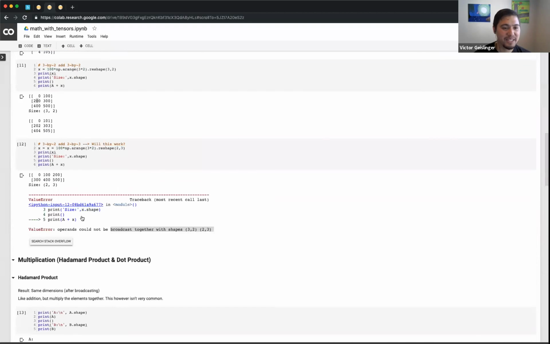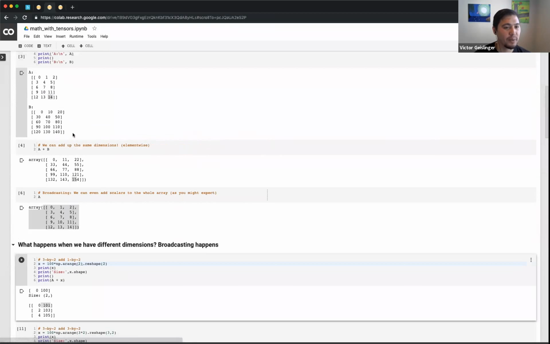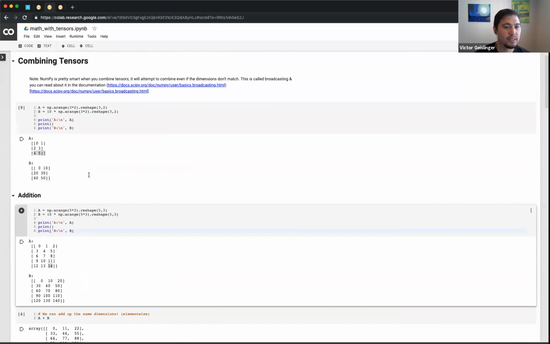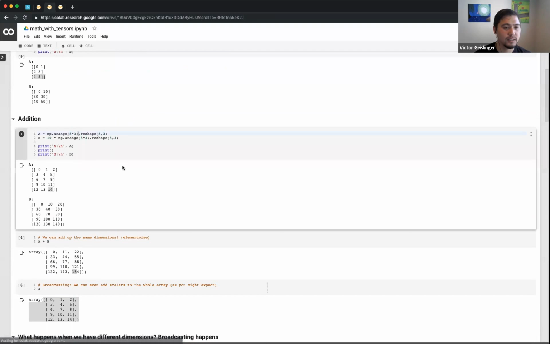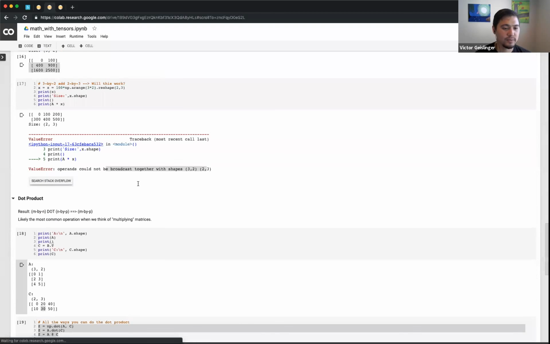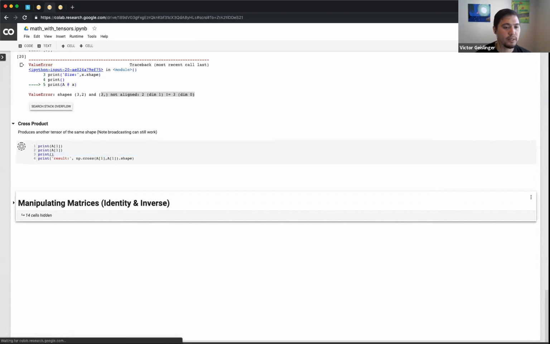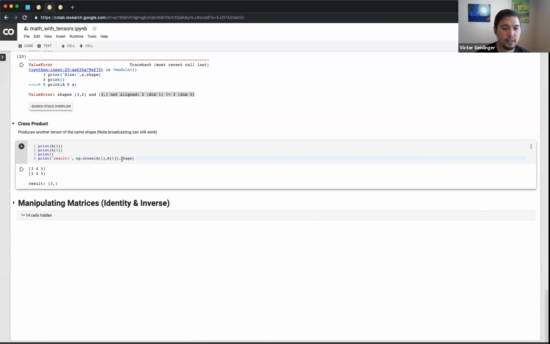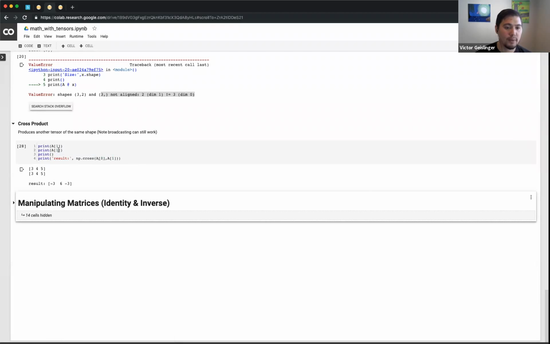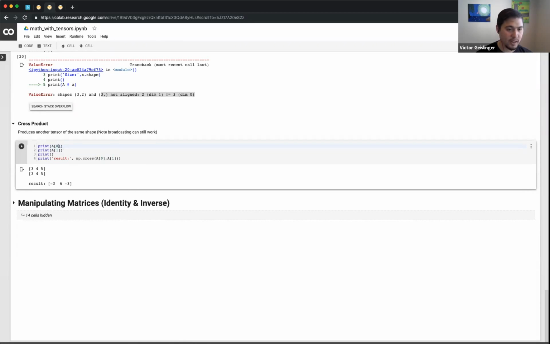Sorry, I caught myself in the middle of, wait, that's not what I expected. I wonder if I tested this out with a 5x3. Okay, that makes more sense now. I think I tried it with a smaller shape in this case. Okay, there we go. Sorry, guys.